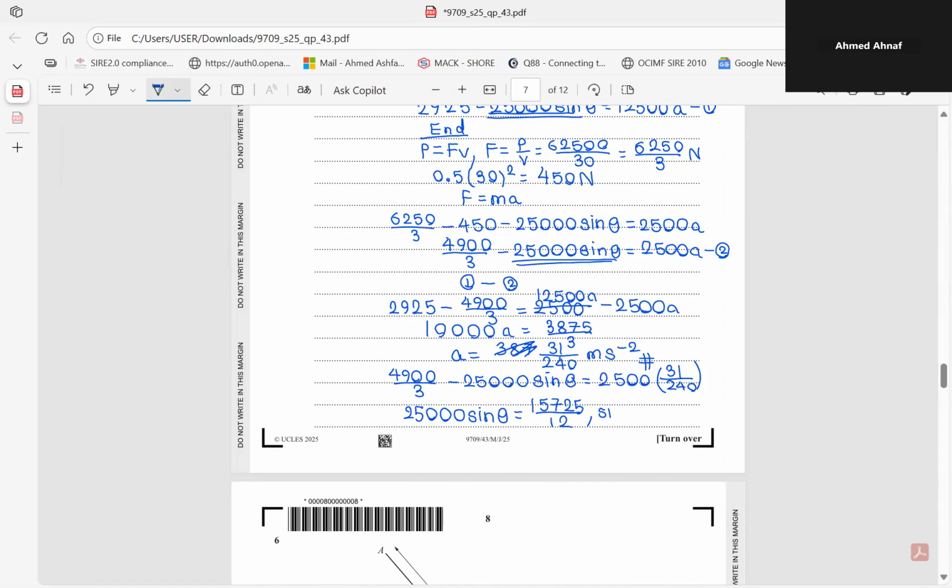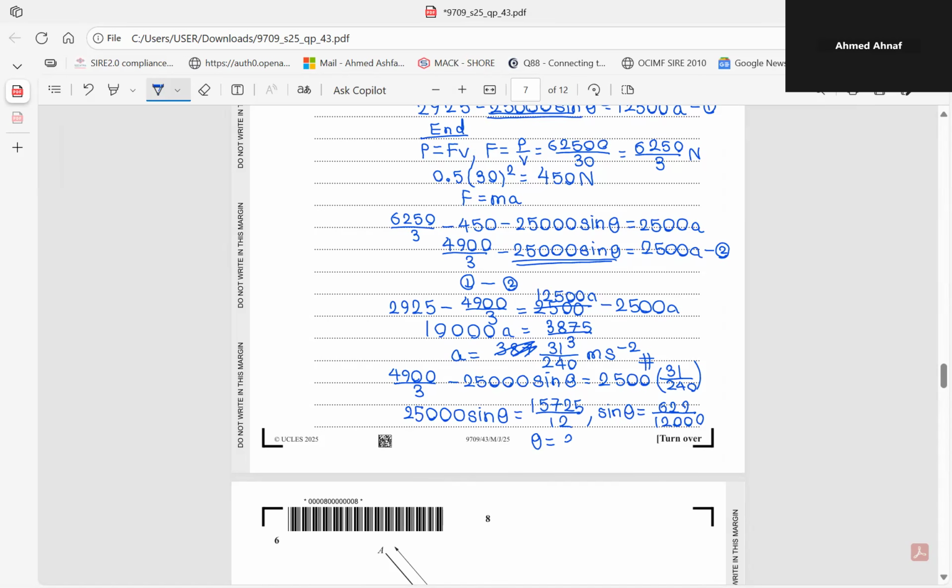And then you'll get sine theta equals, divided by 25,000, you get 629 over 12,000. And hence, to take the inverse sine, make sure your calculator is in degree mode.